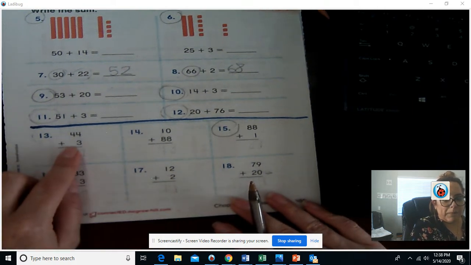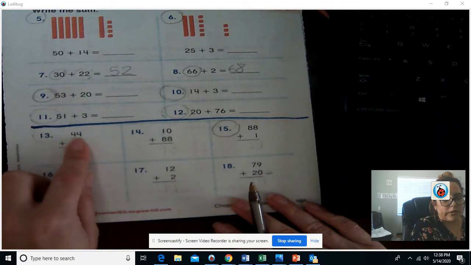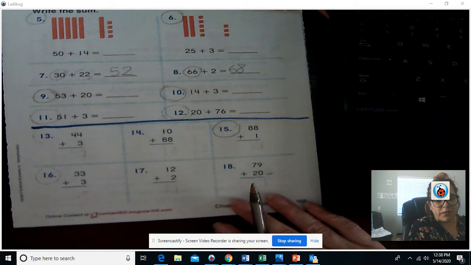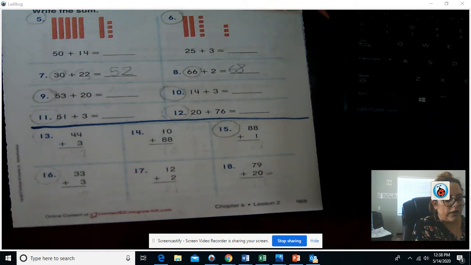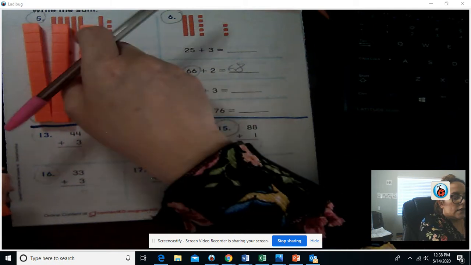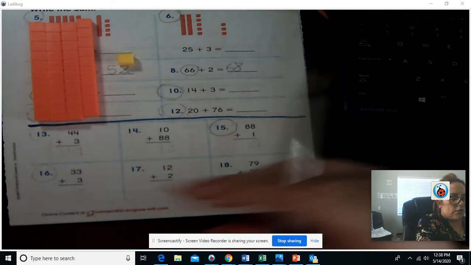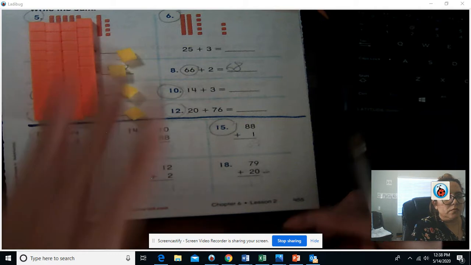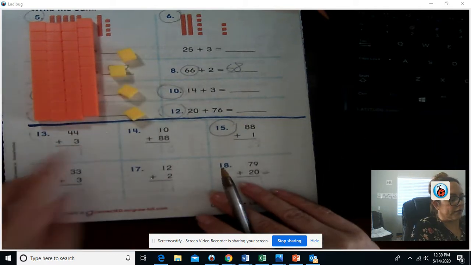44 plus 3. I have a double-digit number, 44 plus 3. I can use my manipulatives to help me find that. There are several ways I can do this. I can make 44, so 10, 20, 30, 40, 41, 42, 43, 44. 44 plus 3.